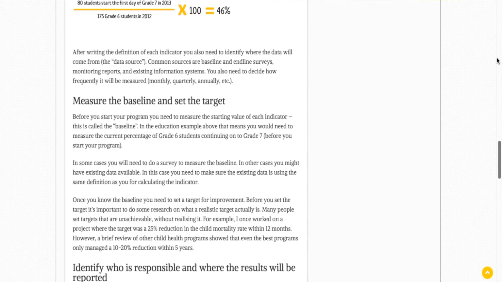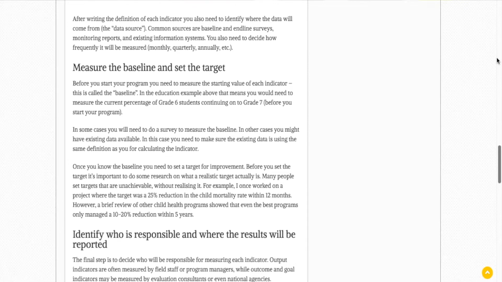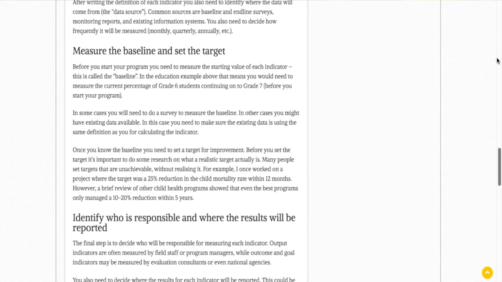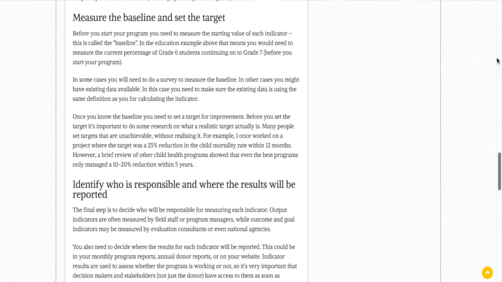You need to know how frequently the data would be measured, maybe monthly, quarterly, annually, as I told earlier in the reports also. So one has to measure the baseline and set the target. That goal has to be set, and before the program starts, one needs to measure the starting value of each indicator, which is known as the baseline.